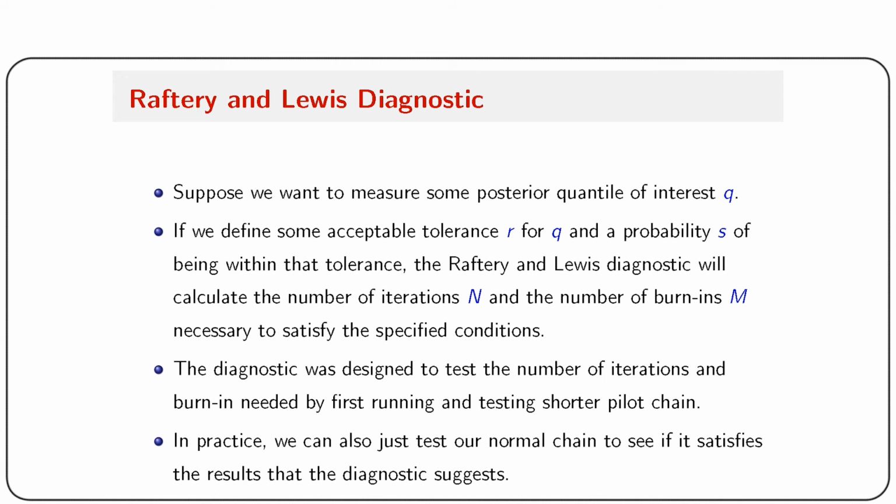The diagnostic was designed to test the number of iterations and the burn-in needed by first running and testing a shorter pilot chain. In practice, we can also just test our normal chain to see if it satisfies the results that the diagnostic suggests.